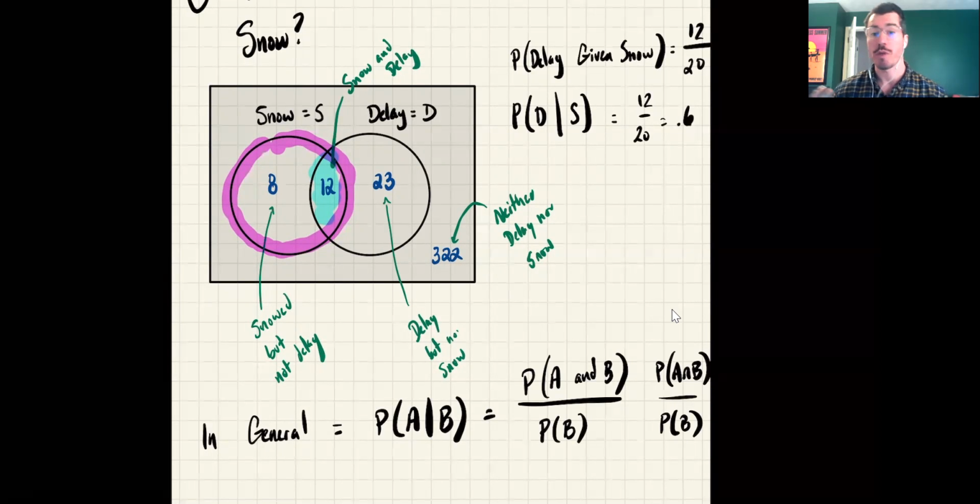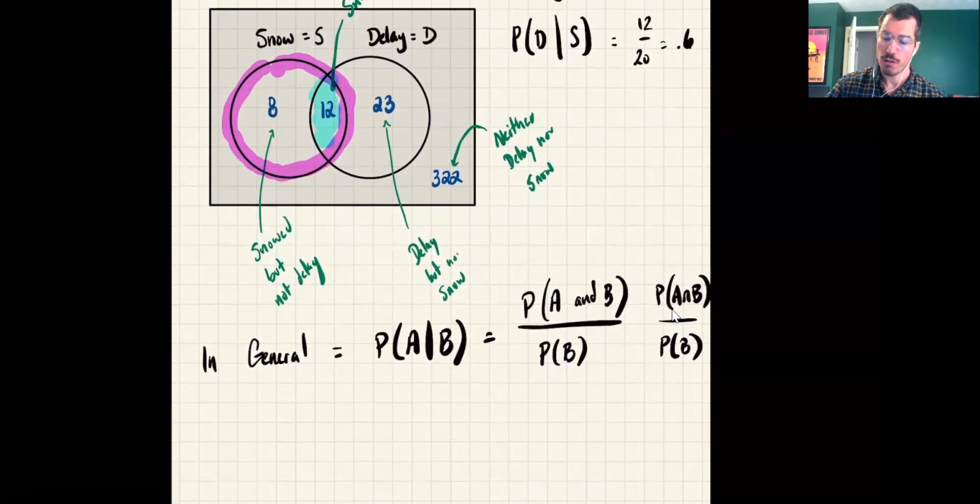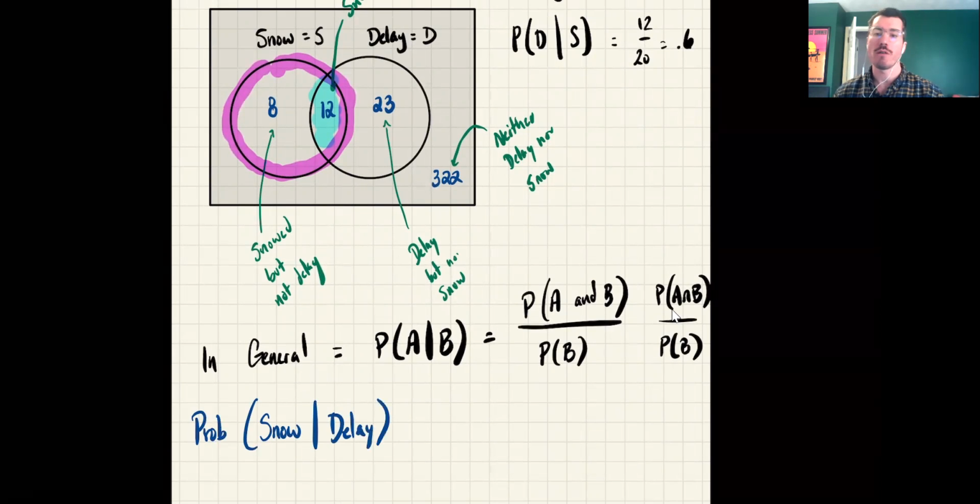Now, what we can also do is we can reverse the conditioning. So for example, using that, what's the probability of snow given a delay? Okay, so now all of a sudden we don't know that it's snowing. We know that there's a delay, and we're curious about what's the probability that it happened to snow that day.